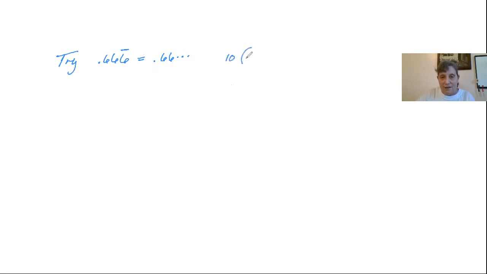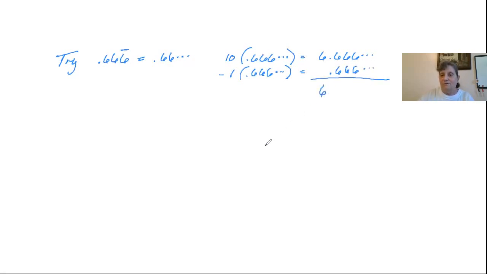If I do 10 times 0.666 forever, which is going to be 6.666 forever. And then I subtract 1 times 0.66 forever, the difference is 6. 10 of them minus 1 of them is 9 of them.